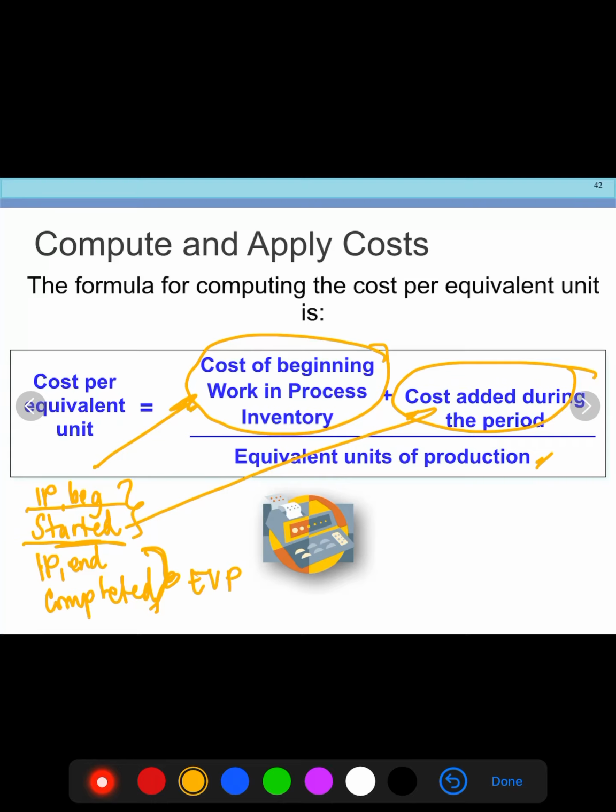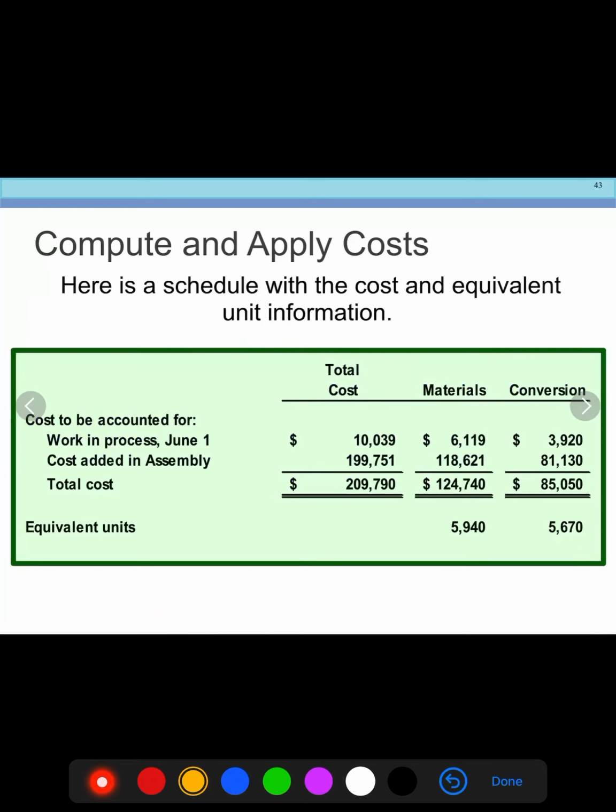Ito, kinumpitan mo yan ng equivalent unit of production. Obviously, this is 100%. This is depende sa percentage na available. So, combining these two, dividing it by the equivalent units of production, you get the cost per equivalent unit.